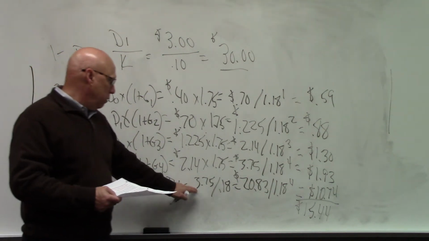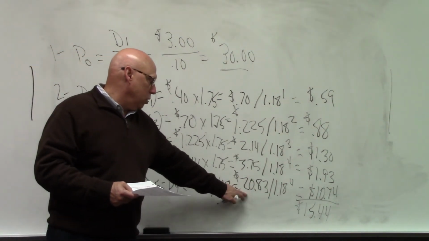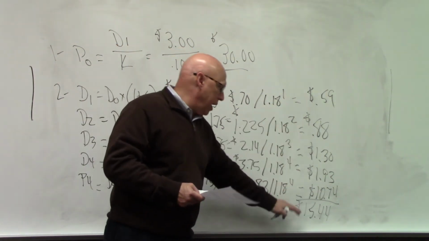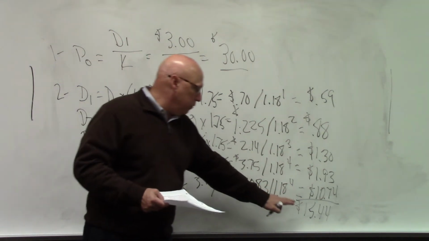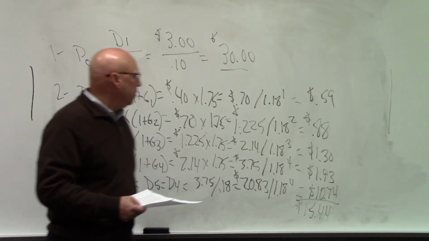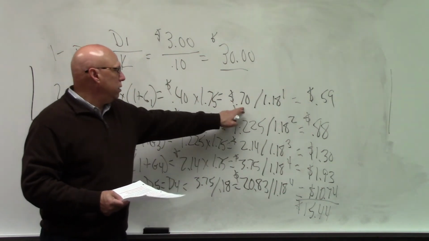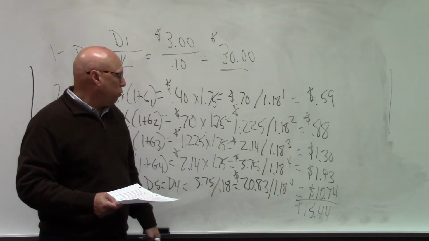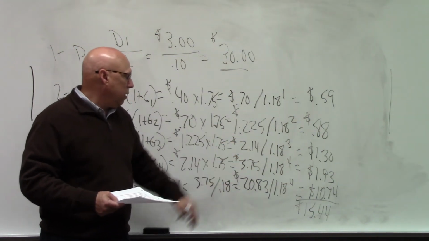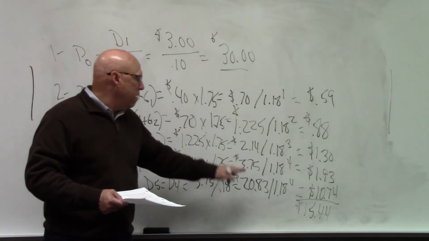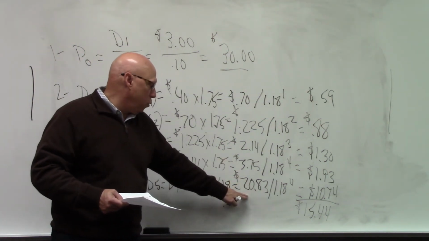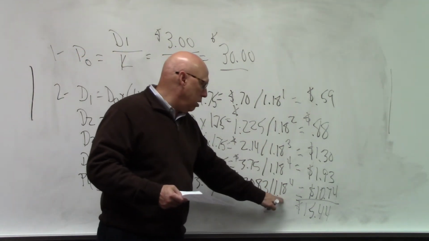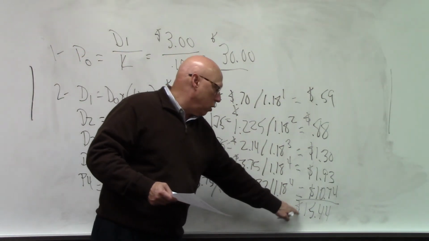So D4 divided by K is equal to P4. Find the present value of each of these cash flows and add them up. If you pay $15.44 today, and you get 70 cents in year 1, $1.22 in year 2, $2.14 in year 3, $3.75 in year 4, and you sell the stock at the end of year 4 for $20.83, you will earn 18% per year on your investment.